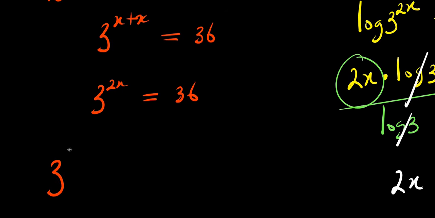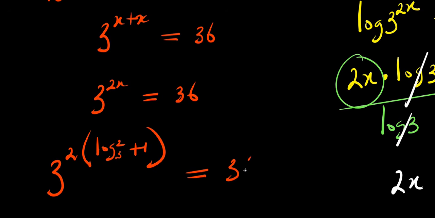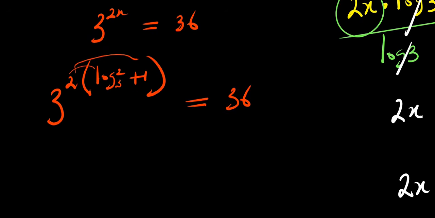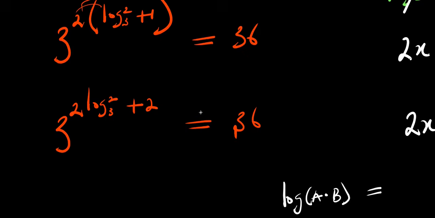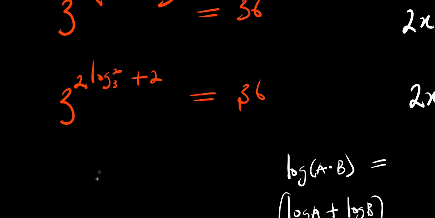We have 3 power 2 times log 2 to the base of 3 plus 1 equals 36. Let's multiply this out. We have 3 power 2 log 2 to the base of 3 plus 2 equals 36. Now, if you have a log b, this equals log b power a.